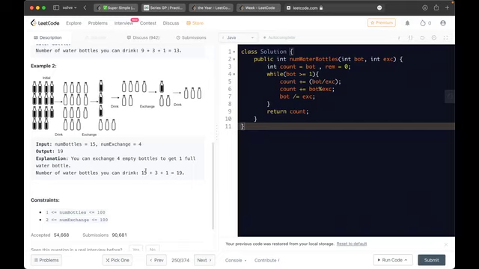Count equals bottle. Okay. Remainder equals 0. Bottle greater than or equals to 1? I don't think it should be greater than or equals to 1. Like, let's suppose 2 bottles are remaining and num exchange value is 3.